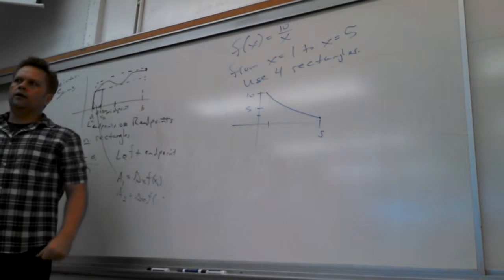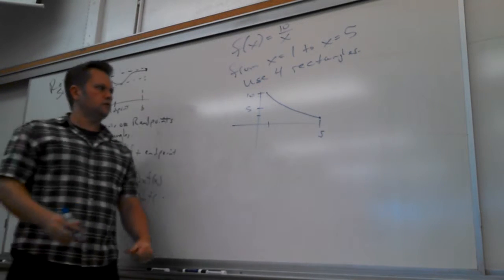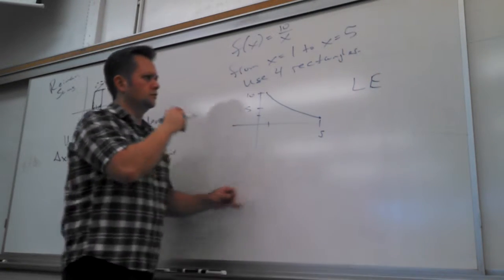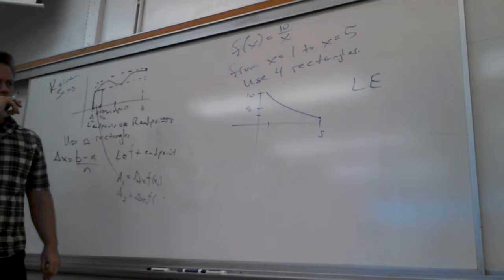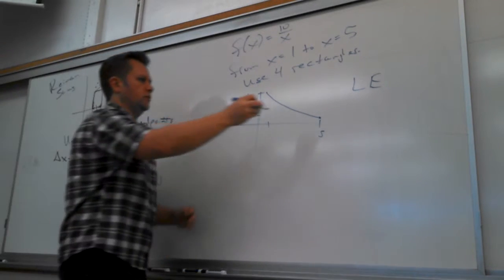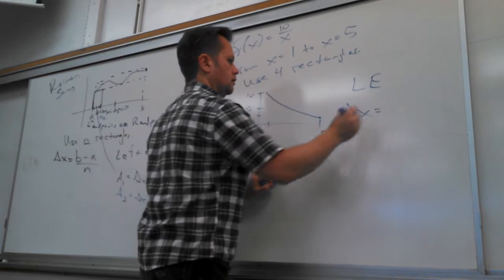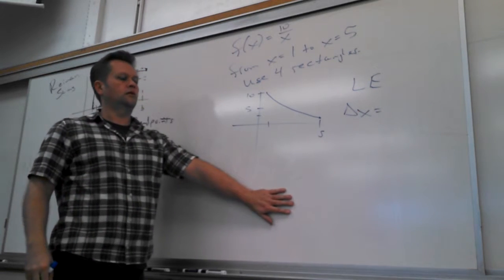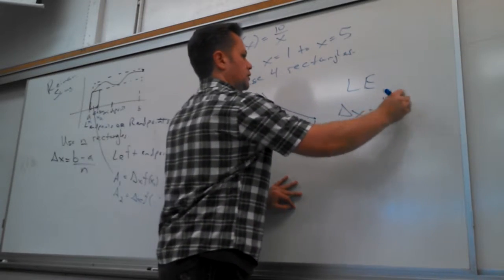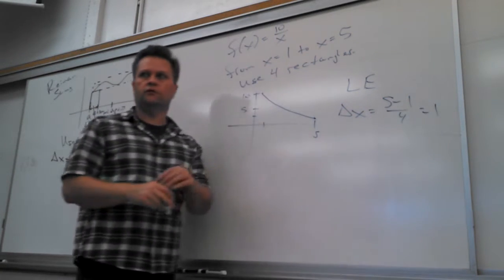So I'm trying to find the area under that. Let's use left endpoints, like I said over here. How wide are my rectangles going to be? I made this exceptionally nice. So 5 minus 1 over 4, they're going to be a width of 1.